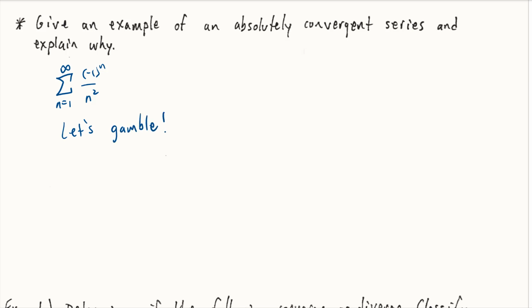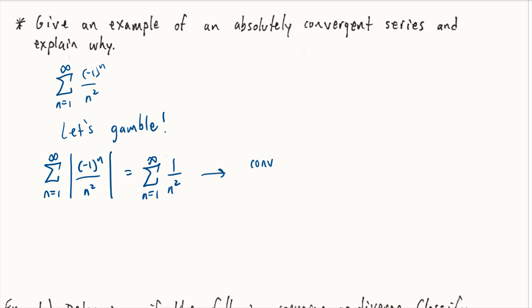Our gamble is if I slap absolute value on this, which all that would do is eliminate any negative numbers, so it would turn into this. If I put absolute value on the terms of the sequence that comprises the series, it turns it into a p-series.